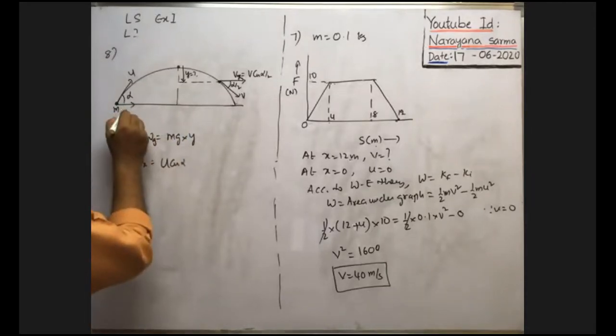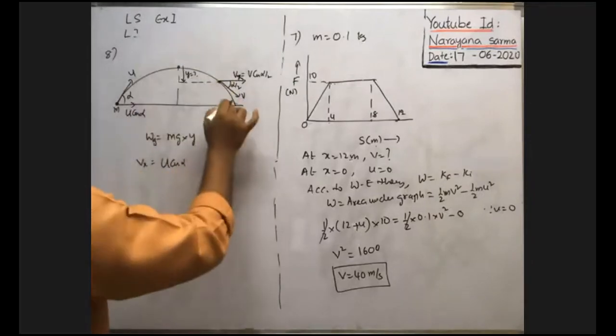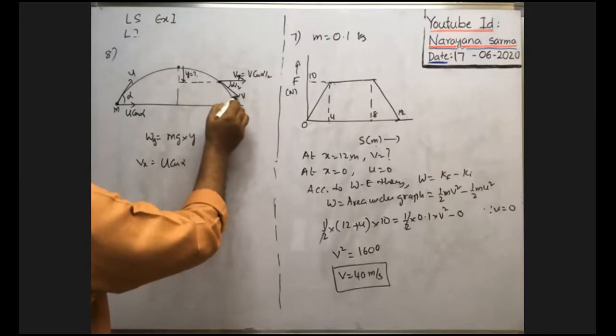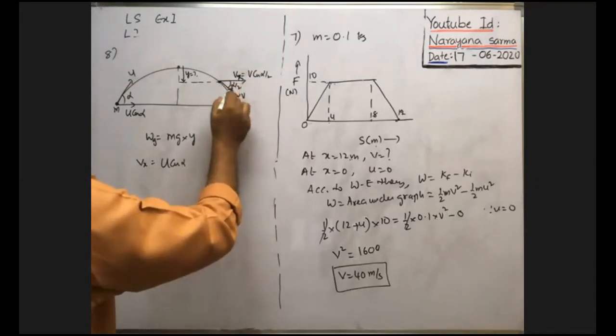At the point of projection, the horizontal component of velocity is u cos alpha. At any point before it reaches the ground, the horizontal component of velocity is this only. Suppose the velocity at this point is v, then the horizontal component of velocity is vx equal to v cos alpha by 2.